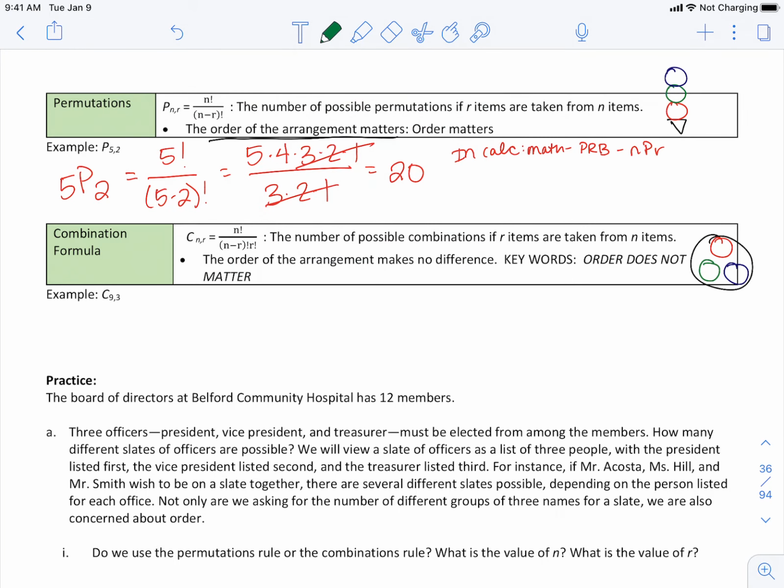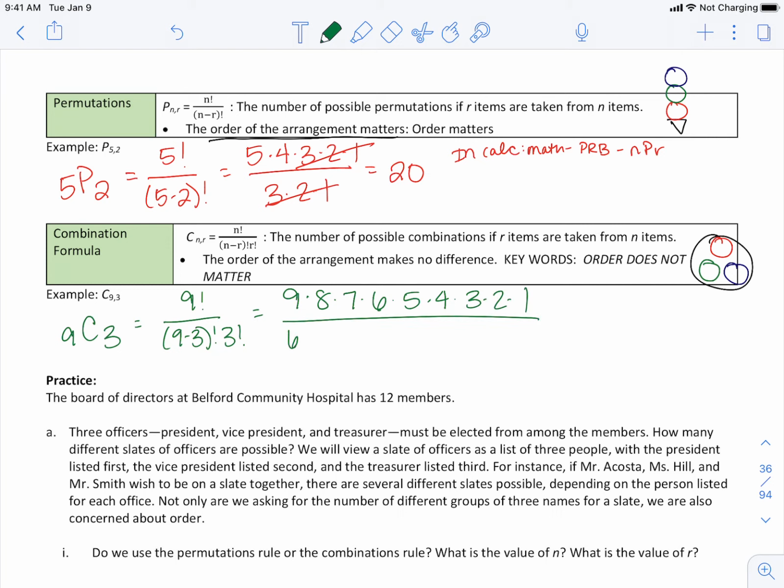For a combination, our example is C9,3, or in other words, 9C3. So this is going to be 9 factorial divided by 9 minus 3 factorial times 3 factorial. So this is 9 times 8 times 7, 6, 5, 4, 3, 2, 1, divided by 9 minus 3 is 6, so we have 6 times 5 times 4 times 3 times 2 times 1 times 3 factorial, 3 times 2 times 1.